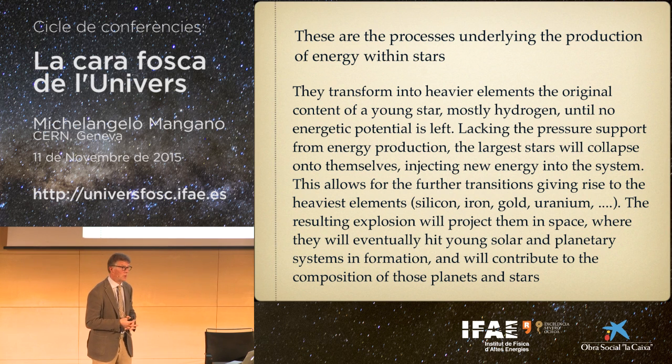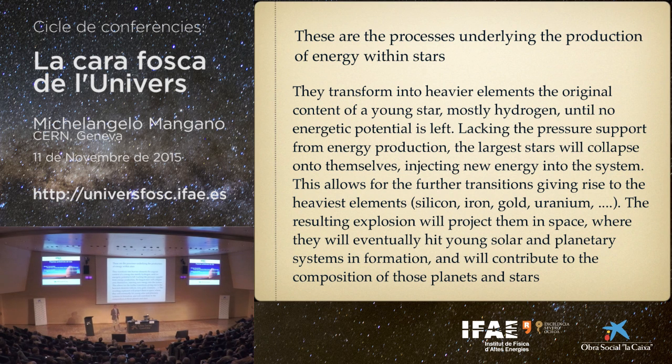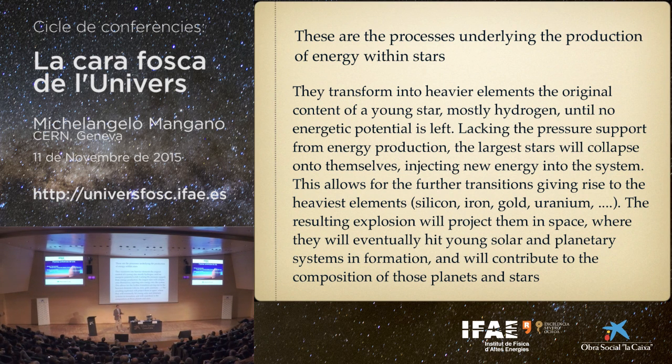And all of the residues of these nuclear processes, silicon, iron, gold, uranium, they disperse in space until they hit some cloud of, say, hydrogen that's undergoing its own initial process towards the formation of a new solar system. And they will aggregate with the hydrogen, with the matter that's already there.